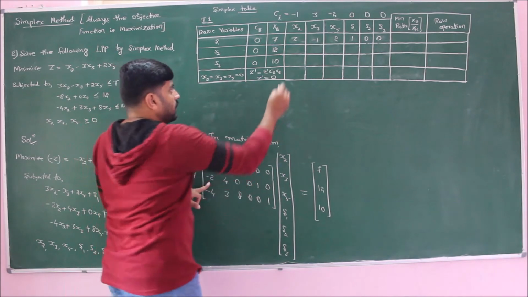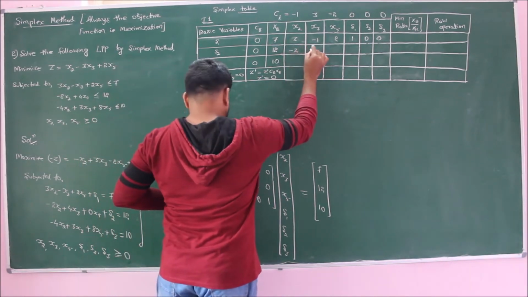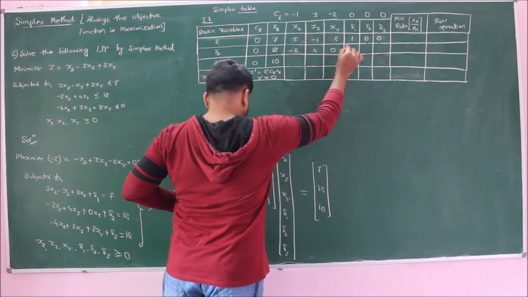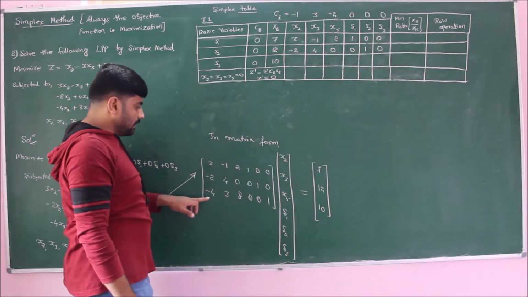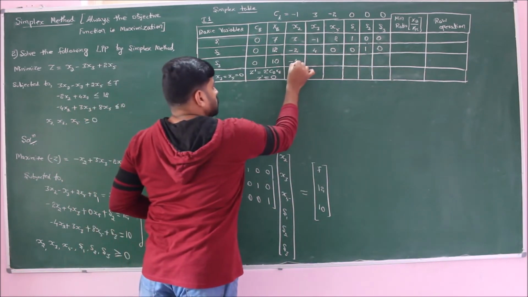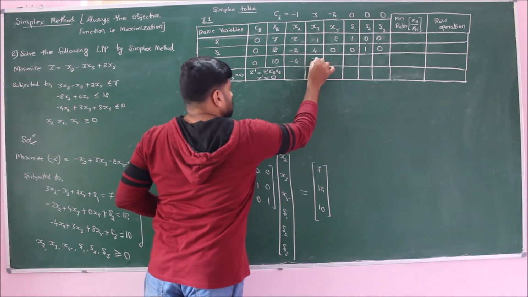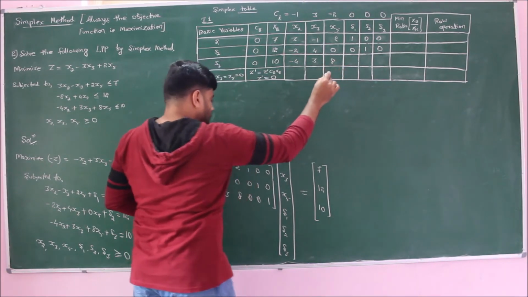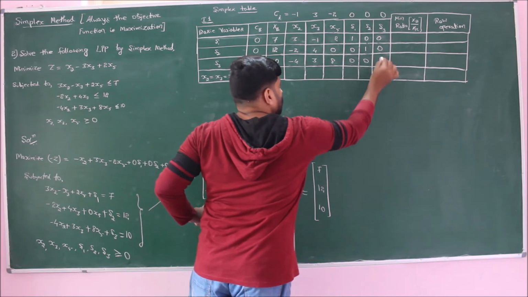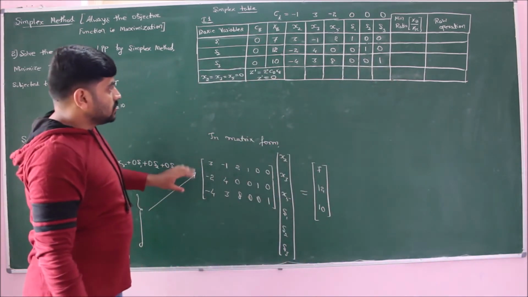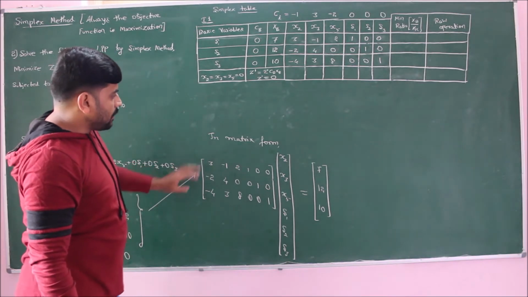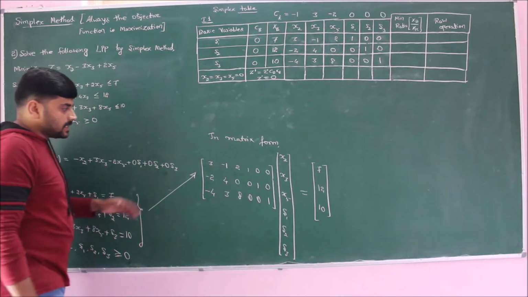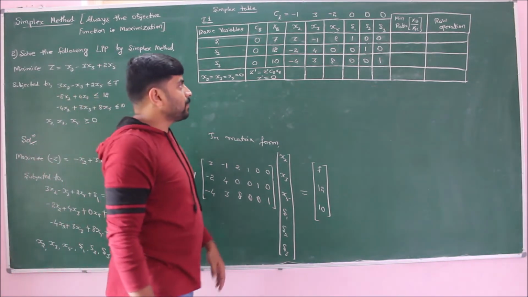Coming to the second row we have minus 2, 4, 0, 0, 1, 0, and for the third row we have minus 4, 3, 8, 0, 0 and 1. So these are already formatted by representing the set of linear equations in its matrix form.